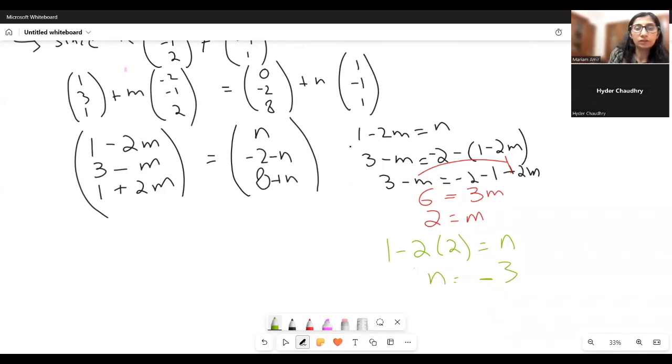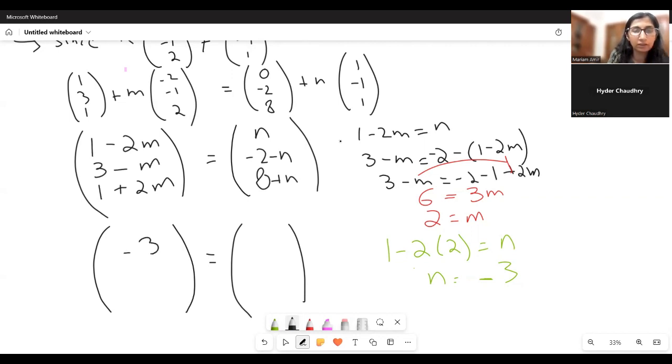Okay, now let's substitute m and n here and let's see if we get the same values on both sides. So 1 minus 2 times 2 is minus 3. And we have minus 3 here as well because n is minus 3. Now 3 minus m would be 1. And minus 2 minus n, minus 2 minus minus 3, would be 1 as well. Okay. And the last one, 1 plus 2m, so that would be 5.